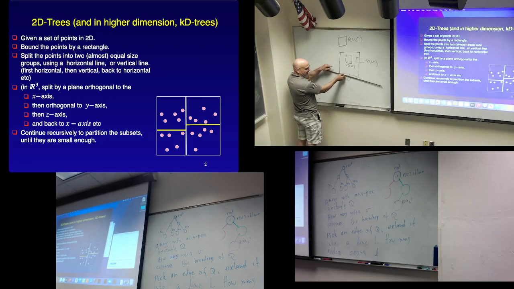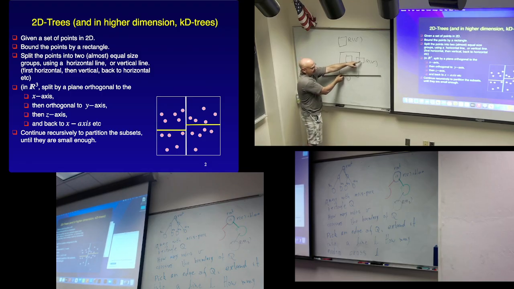So I look at RV, I look at the lower edge, and I say, if there is some node V such that RV intersects the boundary of Q, then it also intersects the line that supports this edge, the line that contains this edge.